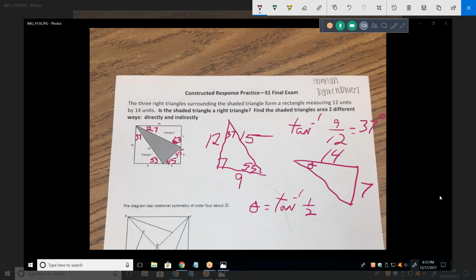Now, we have enough information that we can figure out what is this angle right there. How would I find that? What do the 3 angles have to total to make a straight line? 180, that's right. Or no, 360? No, a straight line is 180.